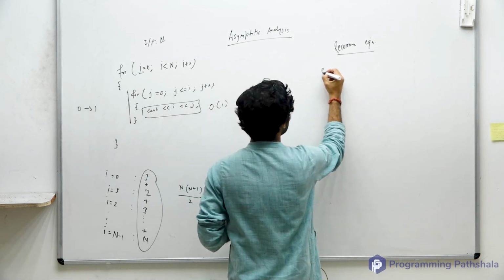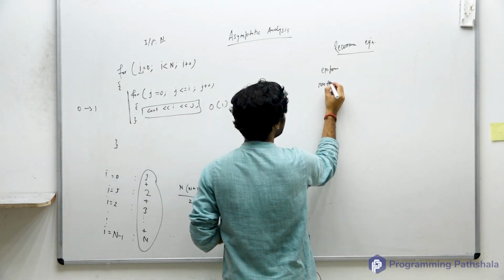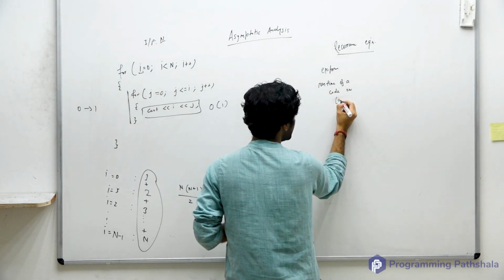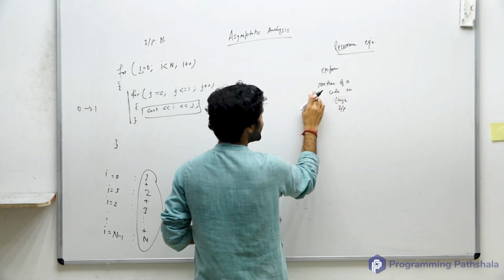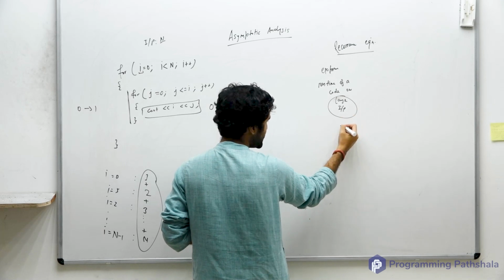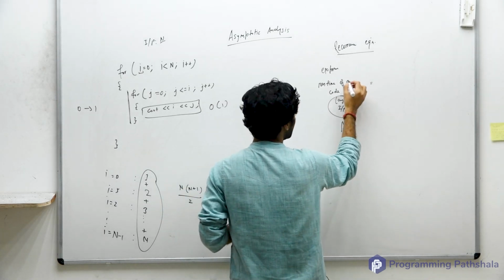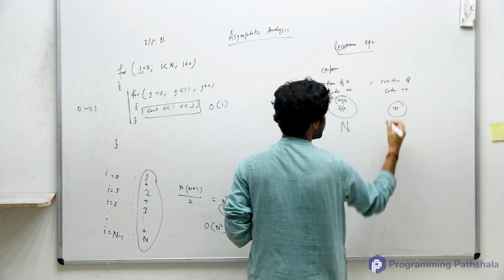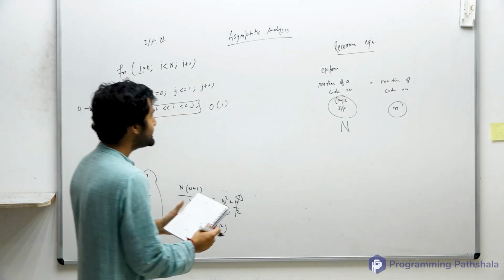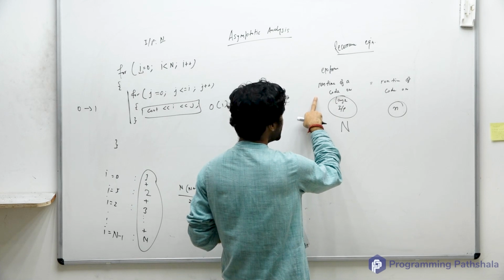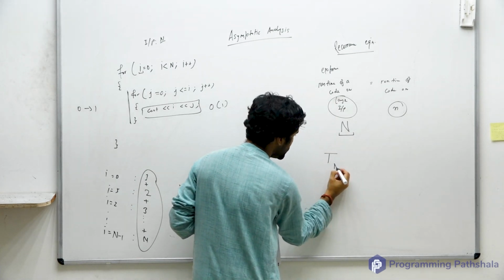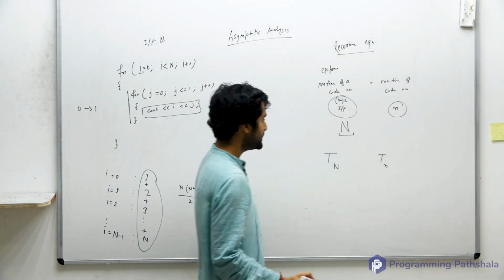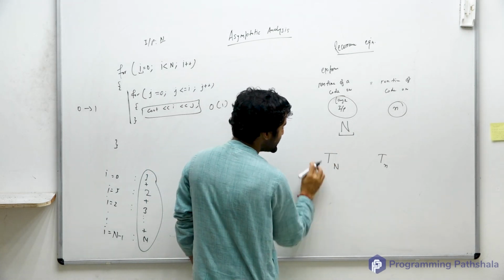So what does the recurrence equation do? It tries to express the runtime of a code on a large input, let's say the size of that large input is capital N, to the runtime of the same code on some small input, let's say small n. Basically, let's say the time taken by a code to run on an input of size capital N is T of N. Similarly, if the input size is small n, let's say the time taken is T of n. Now it is simply an equation which relates this thing to this thing.